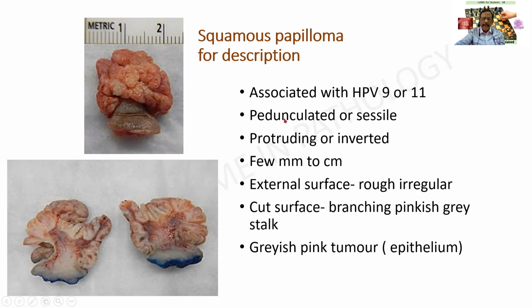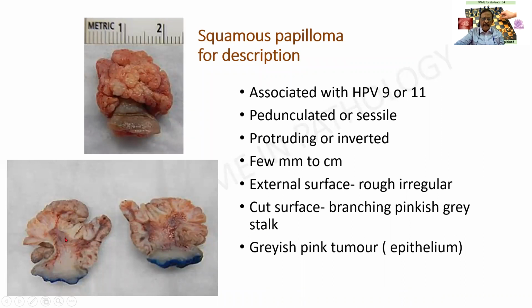It can be pedunculated, that is, it has a stalk, or it can be sessile. In this case, I am finding a peduncle and then there is a tumor over here. Measures from a few millimeters to centimeters. The external surface is rough and irregular. I won't say a large cauliflower-like growth, but it is small, rough and irregular.